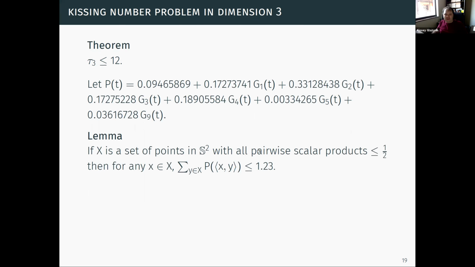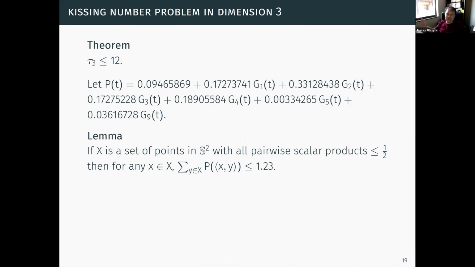So first, this is the key lemma that we're going to use. By the way, before I go into the proof, the approach is fairly similar to the approach of Musin, because on top of his proof for the Kissing number problem in dimension 4, he also found a new proof in dimension 3. But the polynomial is much nicer in the sense that it allows us to get rid of a lot of cases in the case analysis.